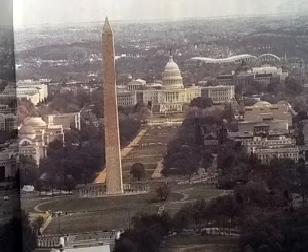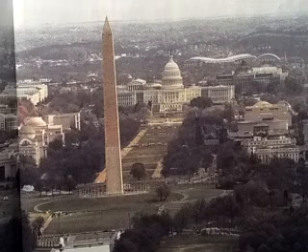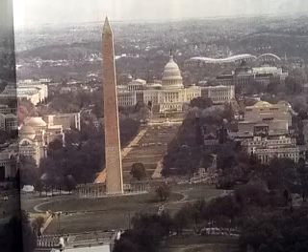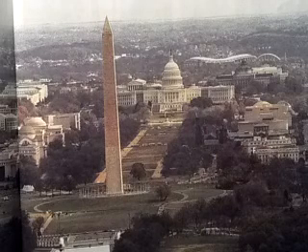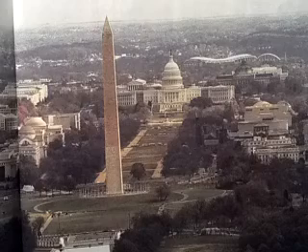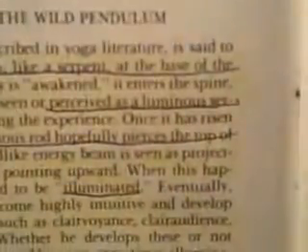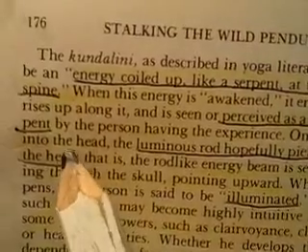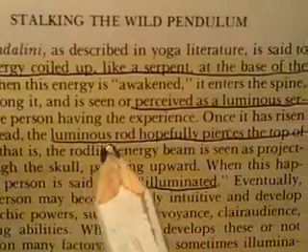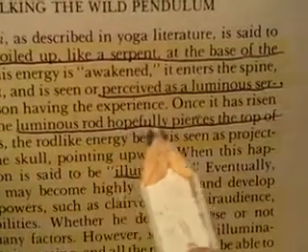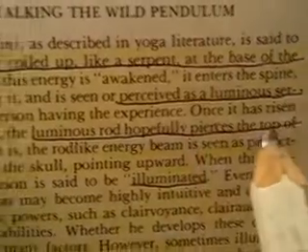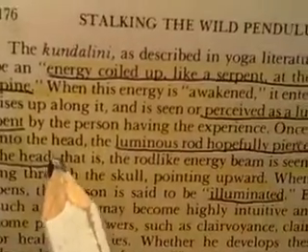This serpent, in terms of the rising Kundalini, as we've talked about this before, I want you to see something here. And this is going to be describing the process of the serpent Kundalini rising. I'm going to start right there. Once it has risen into the head, the luminous rod hopefully pierces the top of the head.